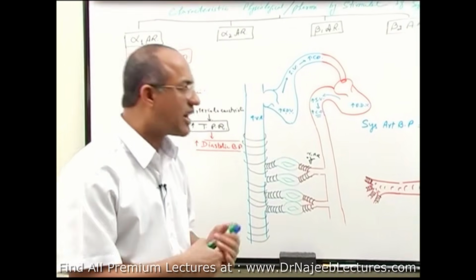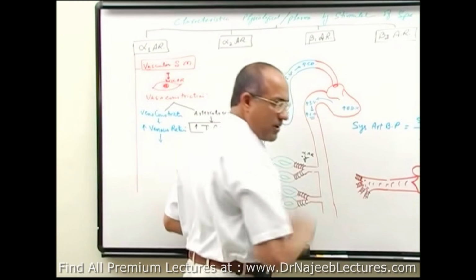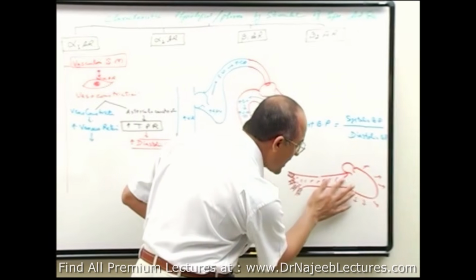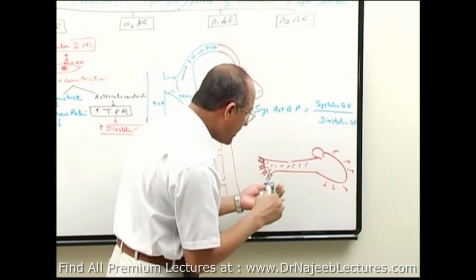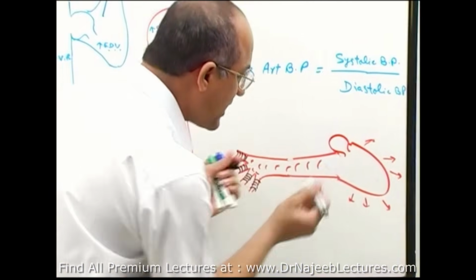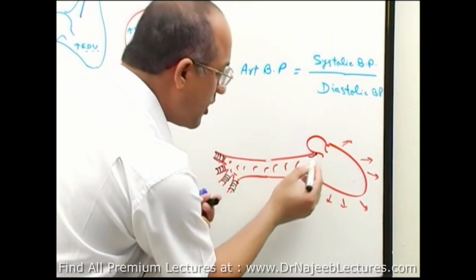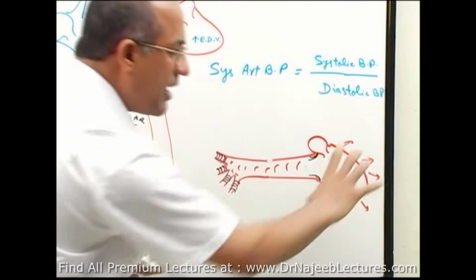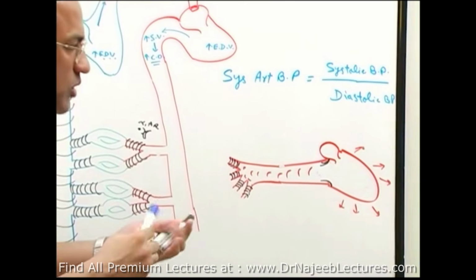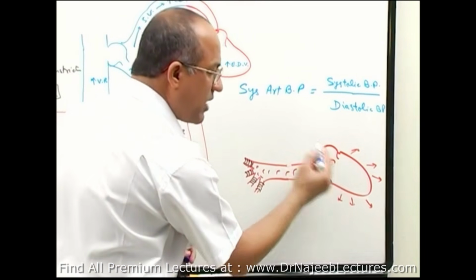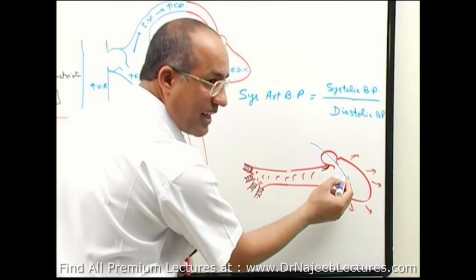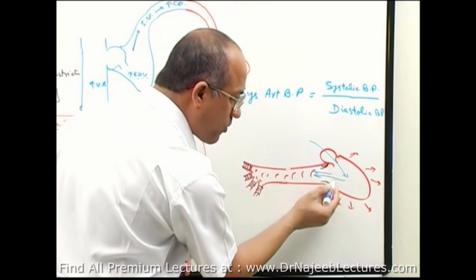When there is increased cardiac output, let's go to this example. Cardiac output occurs during the left ventricular systole. So during the left ventricular systole, whenever there is increased left ventricular filling, there is increased cardiac output.